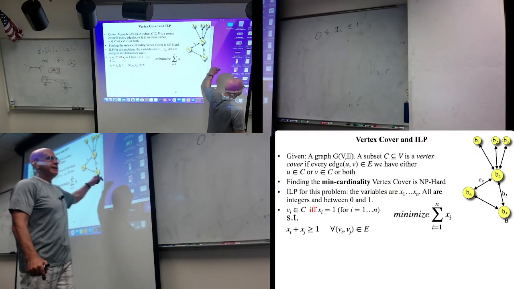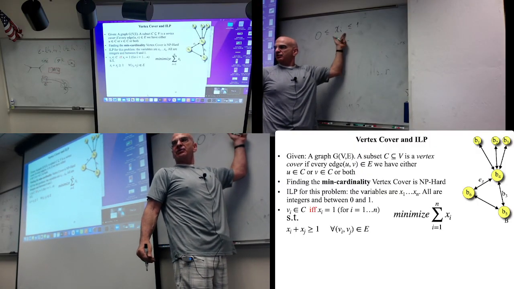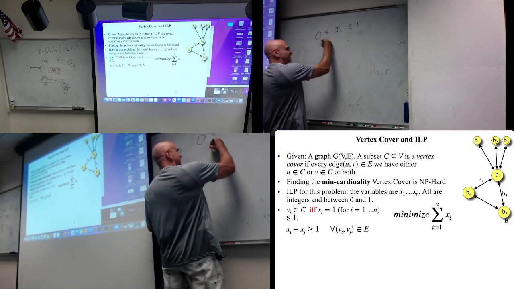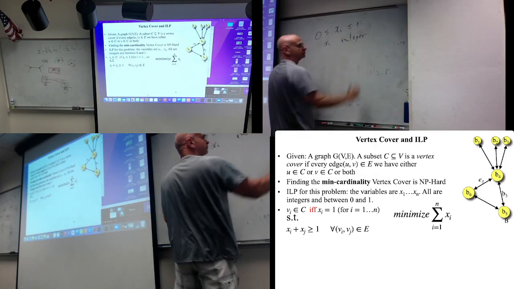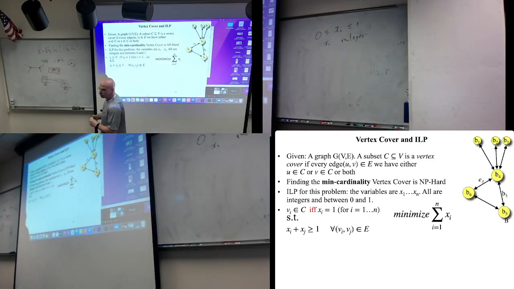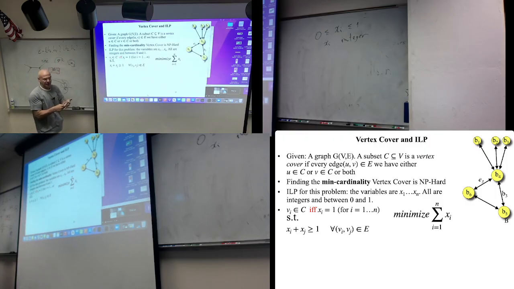Oh, and by the way, that's a linear constraint, 2 linear constraints actually. And I'll add another one, that xi is an integer, which doesn't leave xi a lot of options of what it can be. It can be 0, it can be 1, and that's all the integers between 0 and 1.